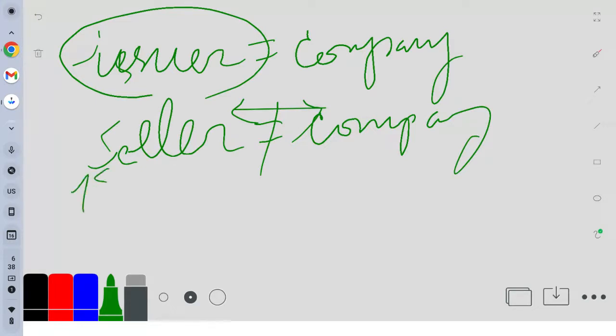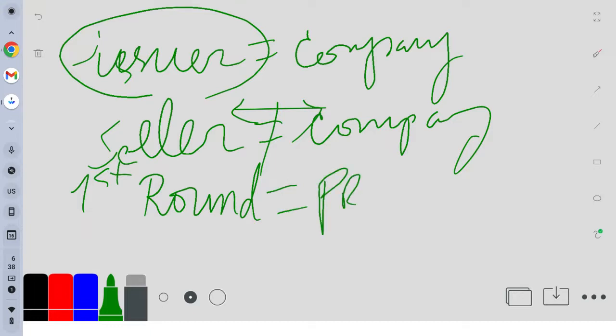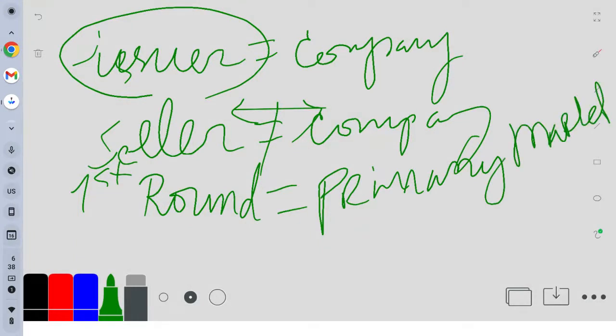The first round of trading is called the first round of sale. The first round, where the bond is first sold, is called the primary market. In the primary market, the transaction happens between the company and the buyer. But after that is all called the secondary market.